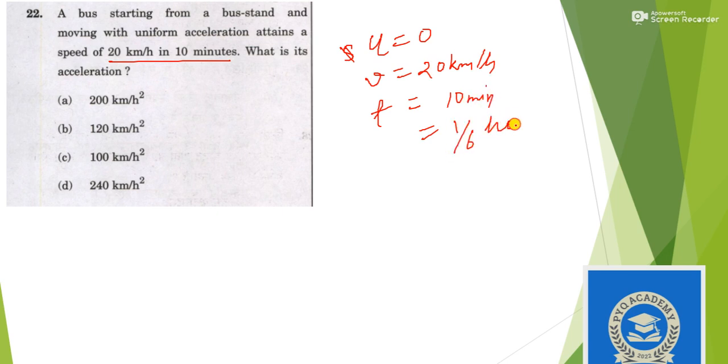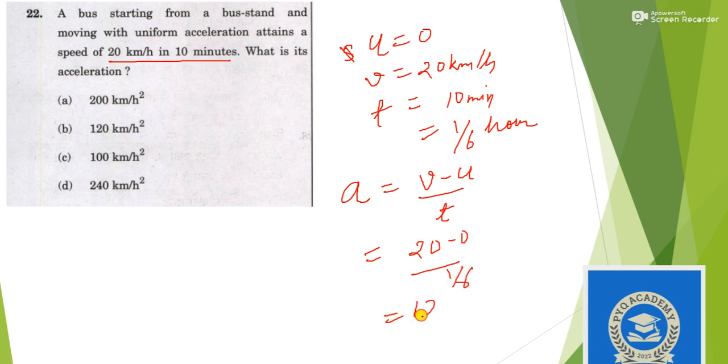Okay. So we know the formula a equals (v minus u) by t. So v is 20 minus 0 by t, 1 by 6. So it is 120, sorry, kilometer per hour square. So option is option B. This was a very simple question.